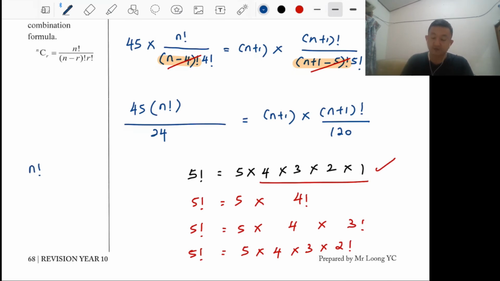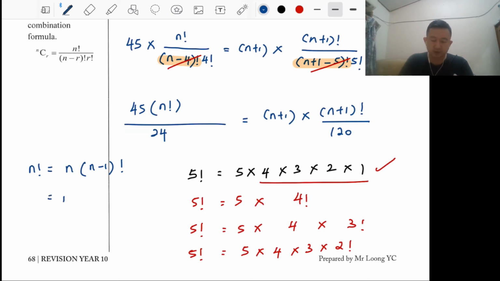So now, if I deal with unknowns, you start with n factorial. I can also write it as n multiplied by the next term. What happens when I give minus 1 to n? N minus 1, that's right. If you want to stop, you put a factorial.